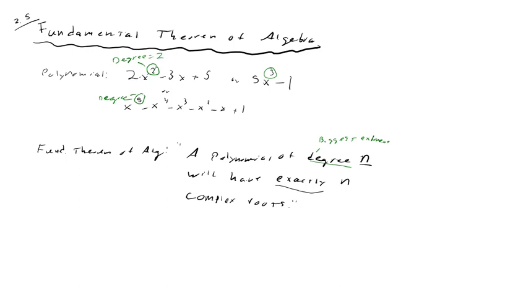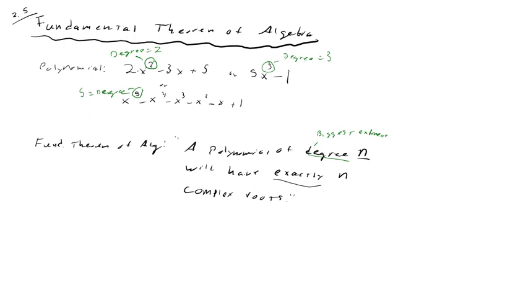This has a degree of 5. This has a degree of 3. Your degree is whatever the largest exponent of your equation happens to be. Okay? So the fundamental theorem of algebra says, whatever your degree is, a polynomial will have exactly that same number of complex roots.